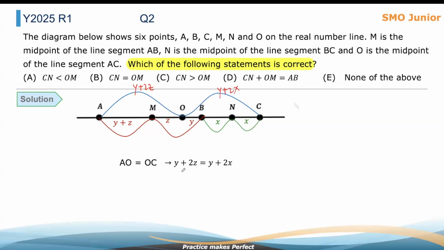From here, we can get z equals x. Z is MO, X is CN or BN. So we have OM equals CN. So the answer is B.